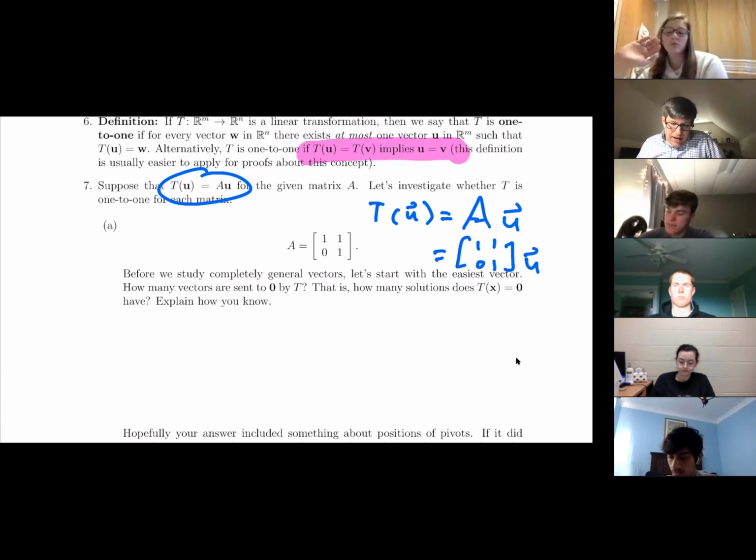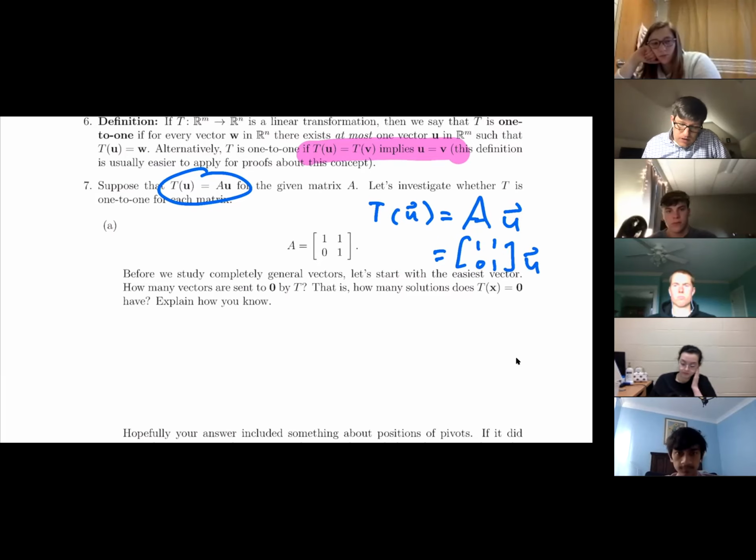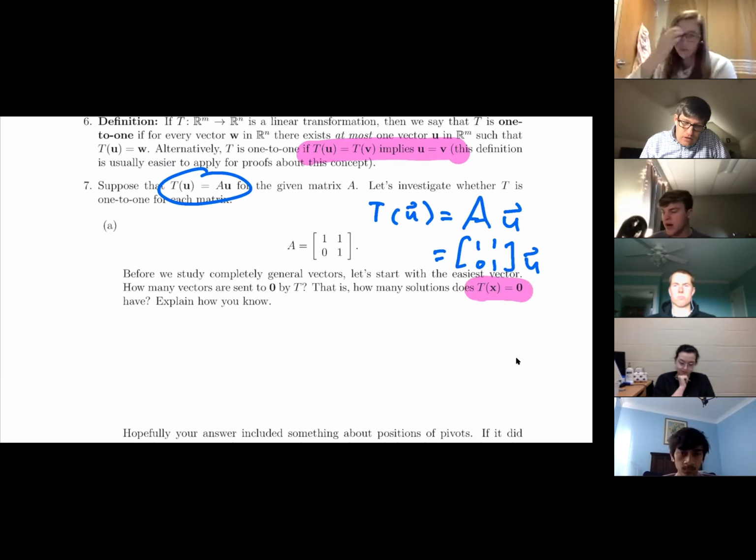So I want to look at part A here. The easiest vector that I might investigate is the 0 vector. So I might ask how many vectors are sent to 0 by T, or how many solutions does that have? Let's rewrite that in a different form. How many solutions does T of x is equal to 0 have?